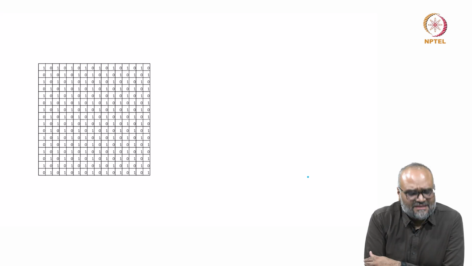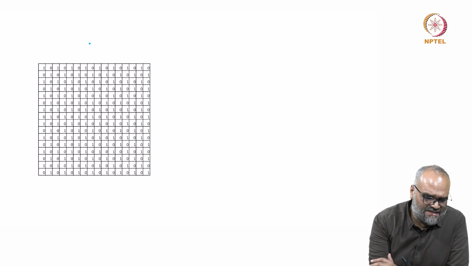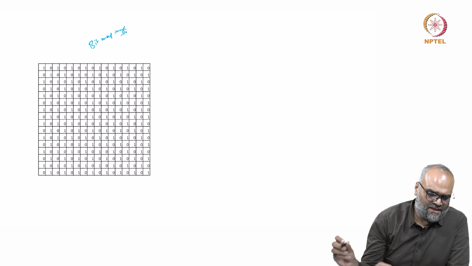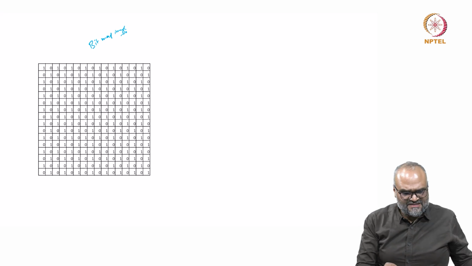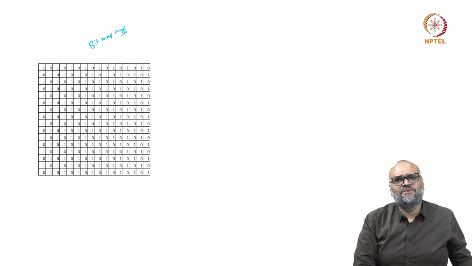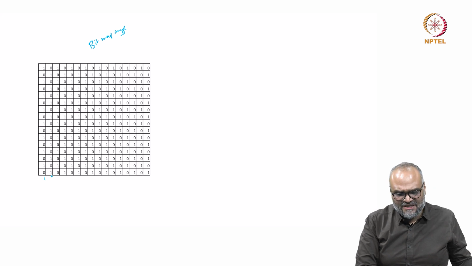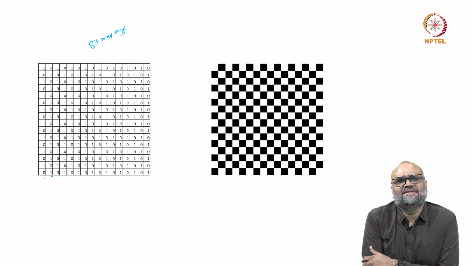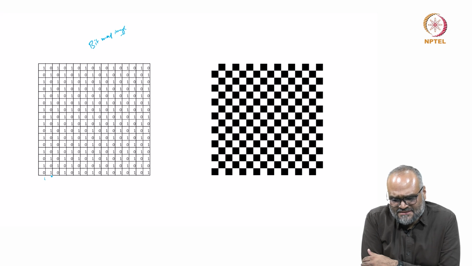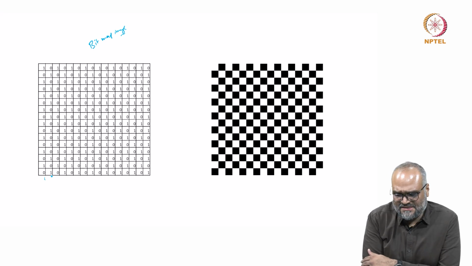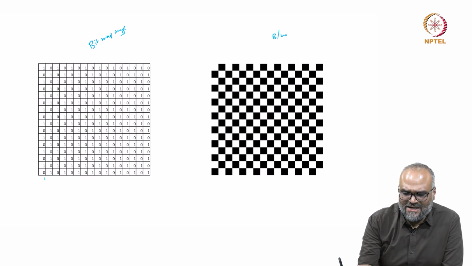If I assume that these are different pixels recorded on a detector and the information stored here is either a 0 or a 1, this kind of an image is called a bitmap image. And if I display this as a distribution of intensity, with 0 being a minima and 1 being a maxima, I would end up with an image like this. I see a simple checkered board pattern. So this is a simple black and white image.